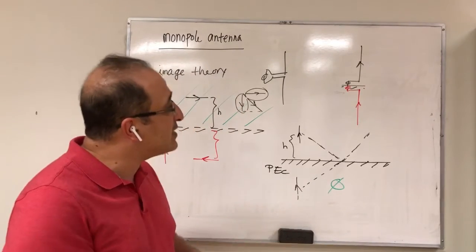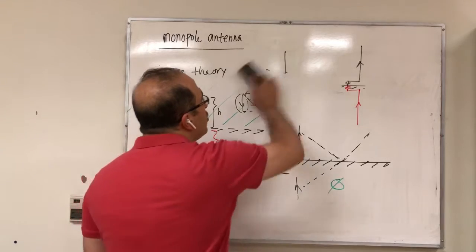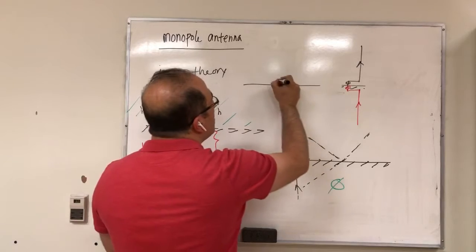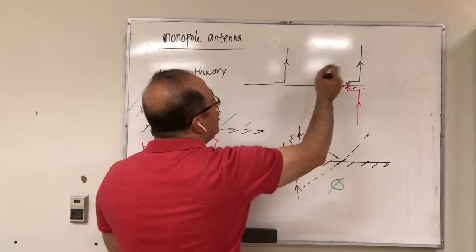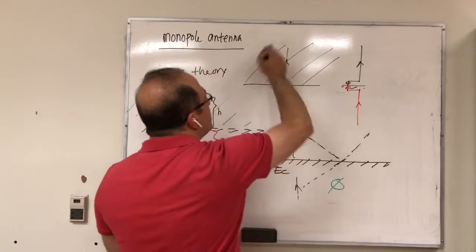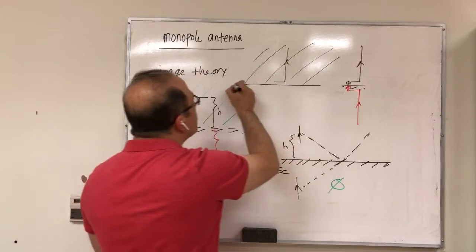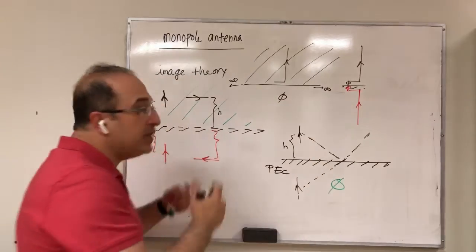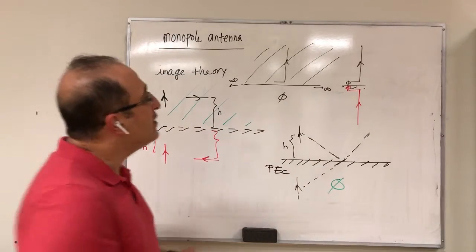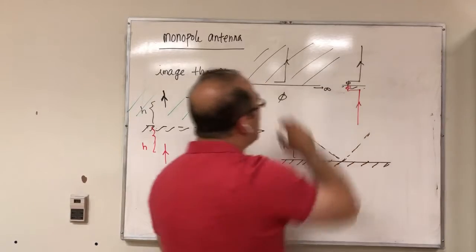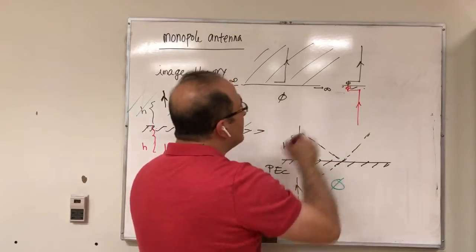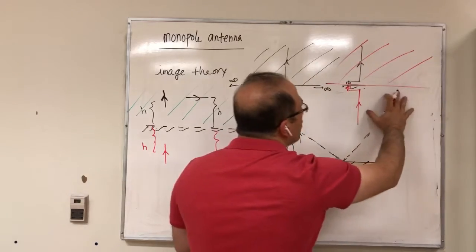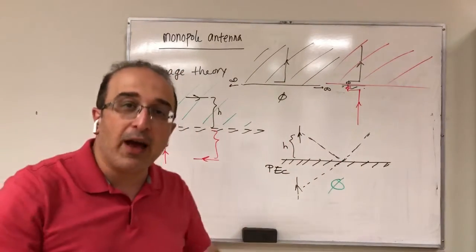And the major difference is, when you are dealing with a monopole antenna, you have radiation only in this region, assuming that this PEC goes to infinity. And here would be zero because the PEC is going to shield this environment. So this equivalent model is only equivalent with respect to this area, because this equivalent model also radiates in the bottom half of space.